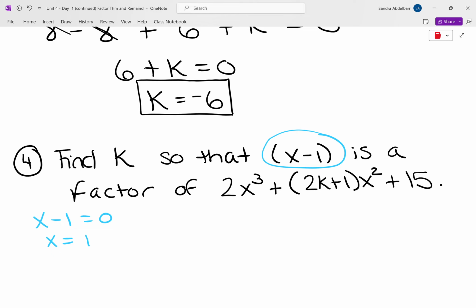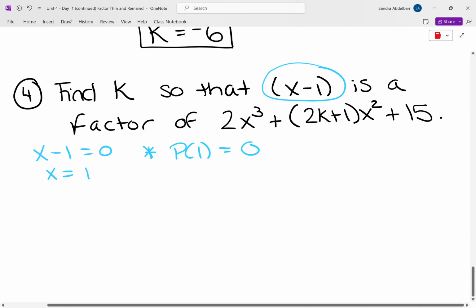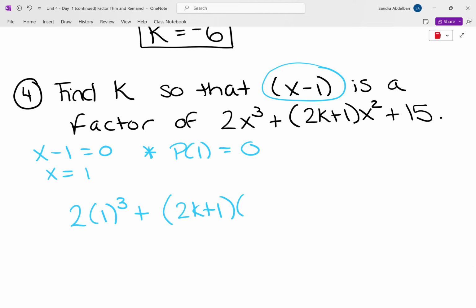Now what do I do with that 1? Plug it in and set the whole thing equal to 0. So I need p of 1 to equal 0. So we're going to take 2 times 1 cubed plus 2k plus 1 times 1 squared plus 15. We need that to equal 0.